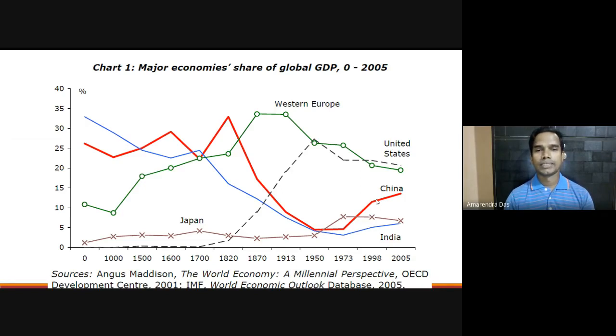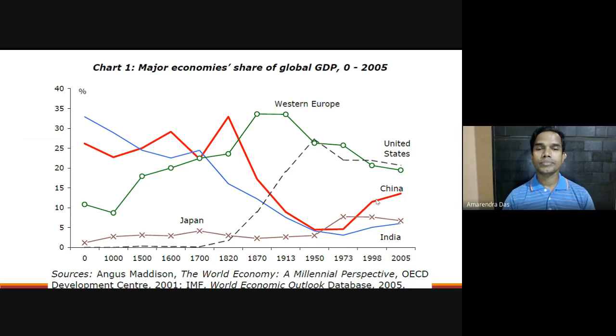Then during the British time period, it fell significantly. By 1950, the share had gone below 5%. The trend continued for some time, but after 1973 onwards, this trend has been reversed a little bit, but it is not sufficient.